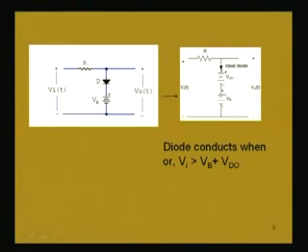When this happens, only then will the diode conduct. So, whenever Vi is greater than Vb plus Vd naught, the diode will be conducting. Now, when the diode conducts, what will be the voltage across these 2 points, that is, with this potential being higher than this potential, the way we are denoting V naught(t)?